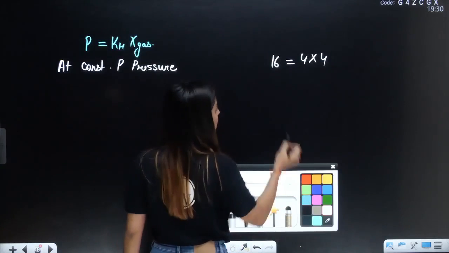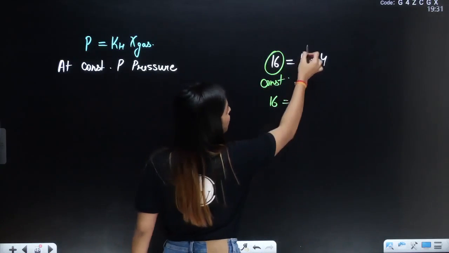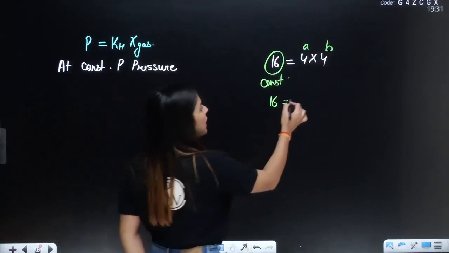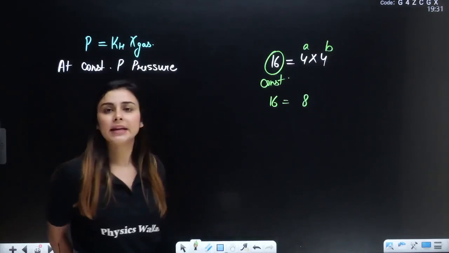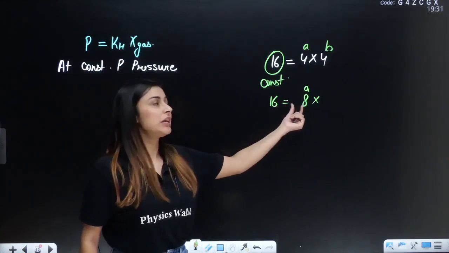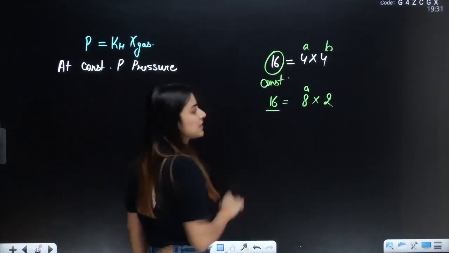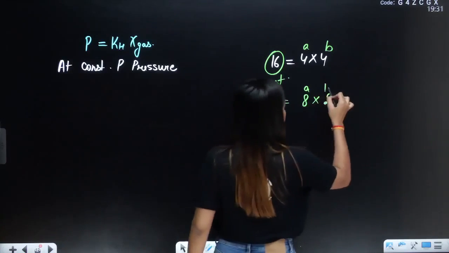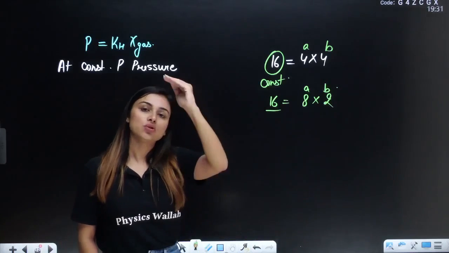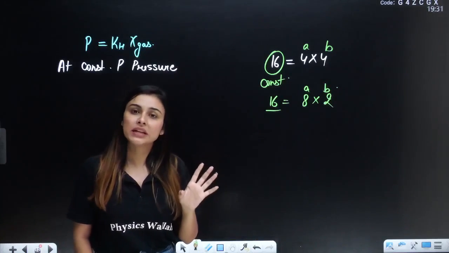You want to keep this product constant, so it will be 16. This is your A, this is your B. What am I doing? I'm increasing A, let us say by 8. If I want to keep the product constant and I have increased A, then I will definitely have to decrease B. Only then will I get the value 16, right? So as long as the product of two variables is constant, one has to increase and the other has to decrease. They will be inversely proportional to each other.